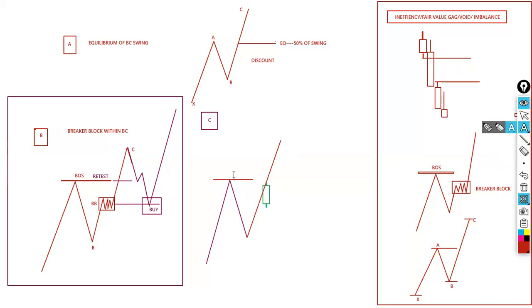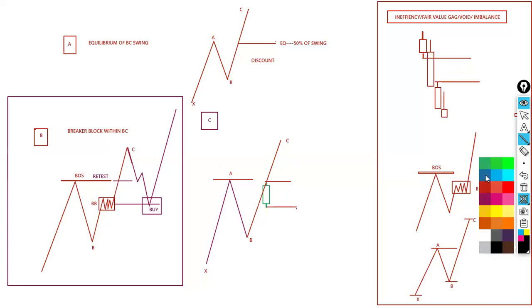So remember, price broke out of this level. This is our X, this is our A, this is our B at this point, and then we'll have our C at this point. But we'll have an inefficient candle, a candle that didn't have a retrace. So I can mark out that inefficient candle this way, and then this is my BC leg. My interest in looking for an opportunity to buy back this asset is finding a good opportunity within my BC leg.